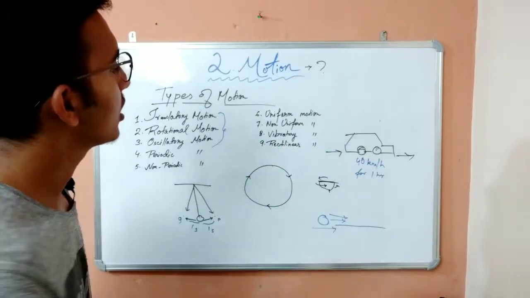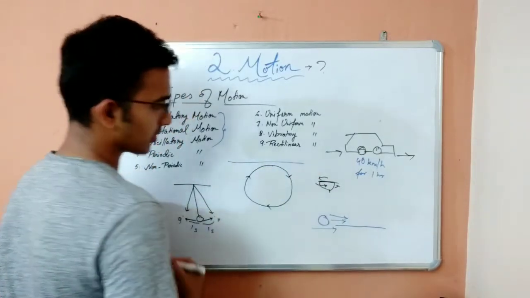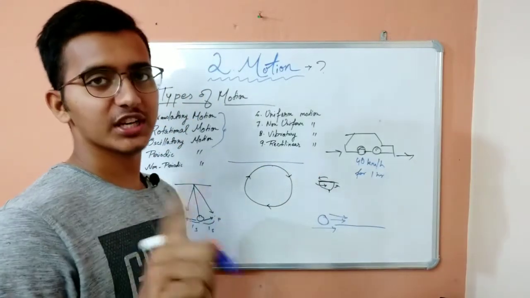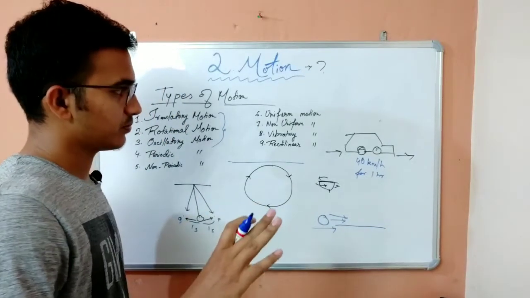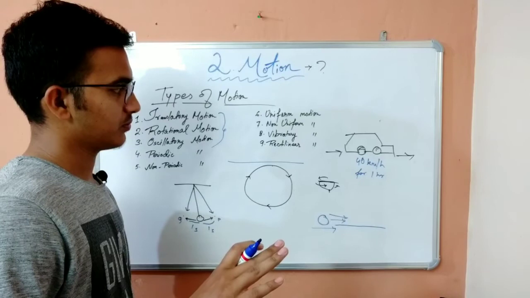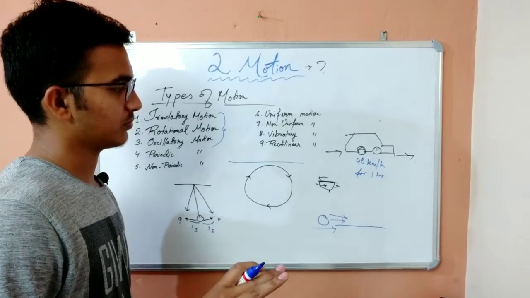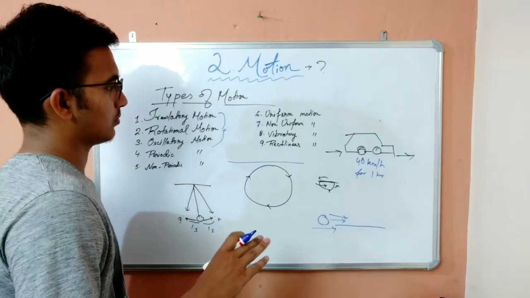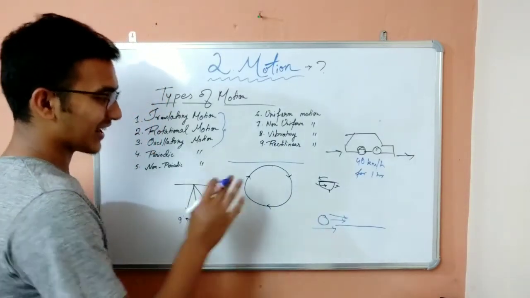Rectilinear motion. What is rectilinear motion? Suppose an object is moving in a straight path without changing its direction. That is called rectilinear motion.